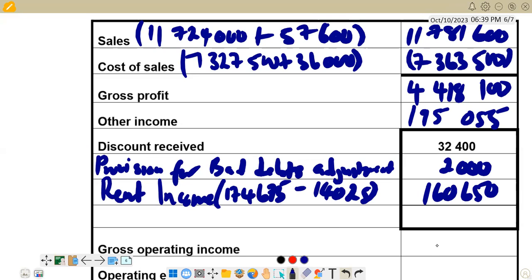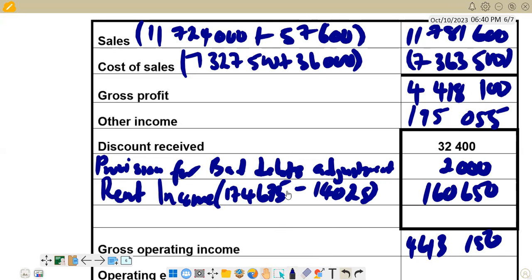Right. So the total that you get for gross operating income there is 4,613,150.